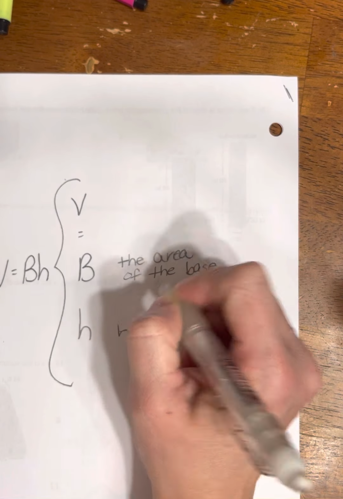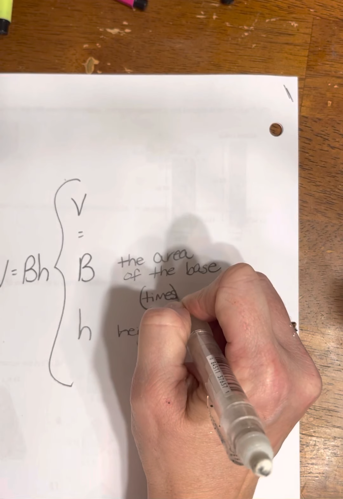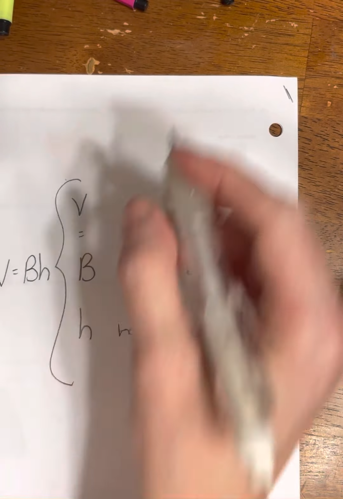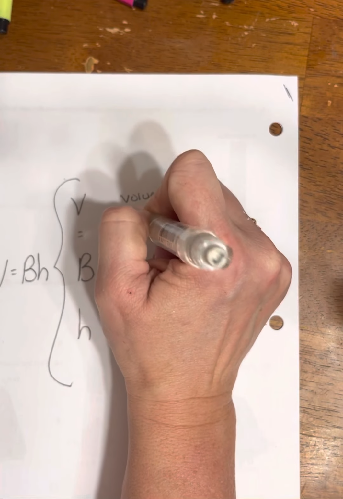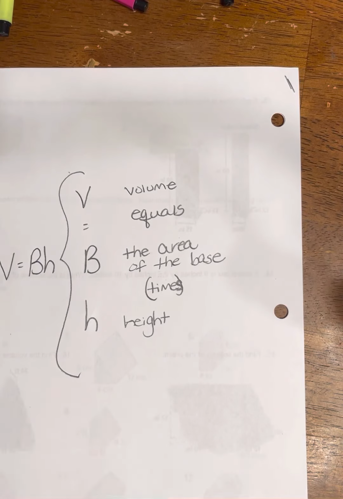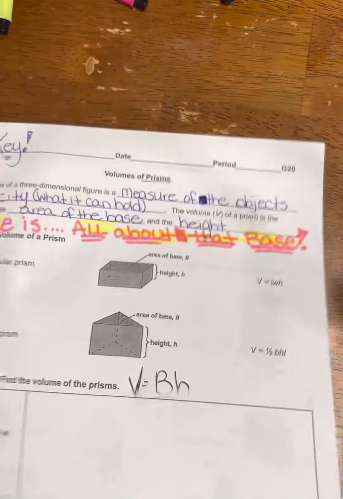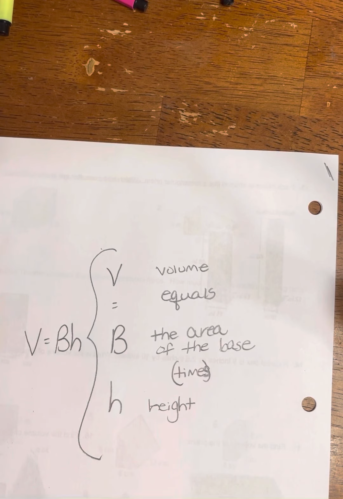And when you multiply those together, the area of the base times the height, volume equals the area of the base times the height. Okay? I'll leave that right there for just a second. I'll pause for a second and let y'all get that down.